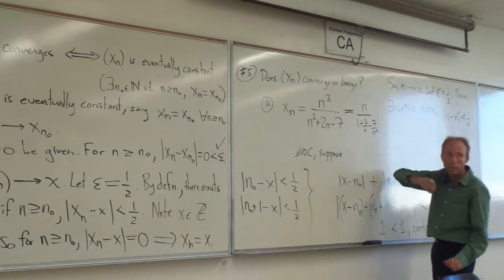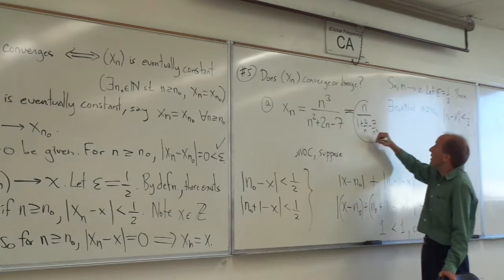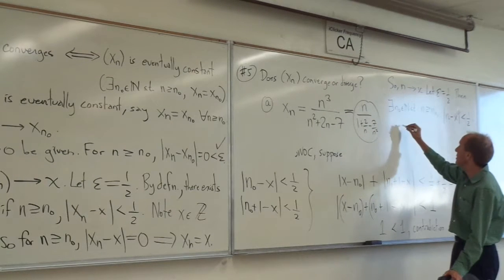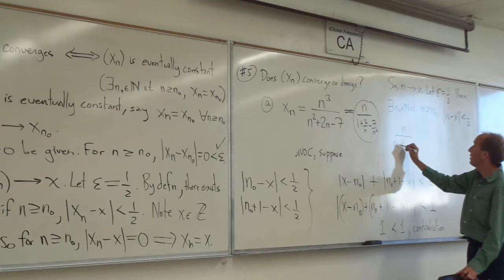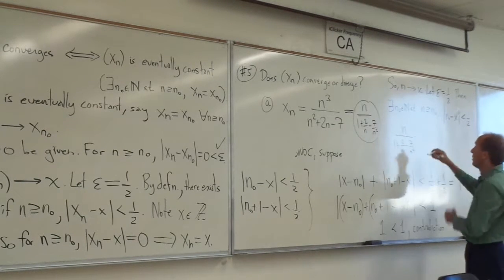So we just let the top be X of N? This whole expression is X of N. What I did is I took that whole expression, and then I multiplied X of N by Y sub N, which was the denominator.